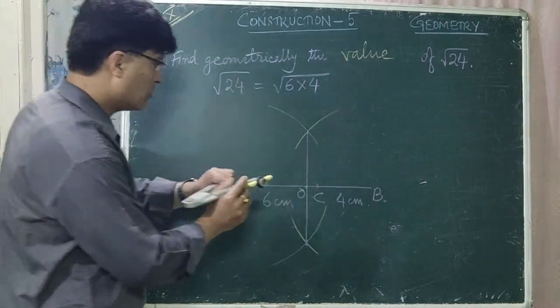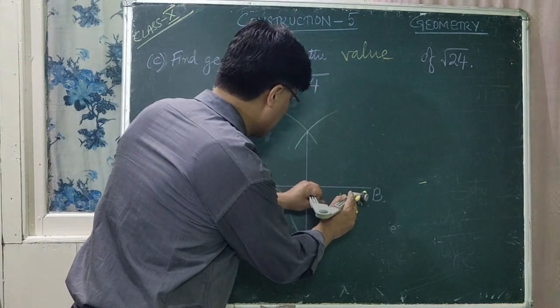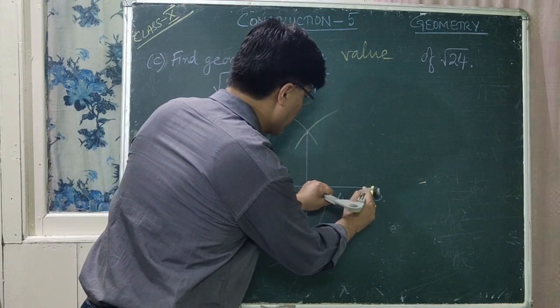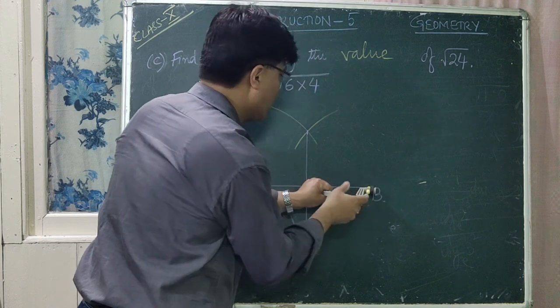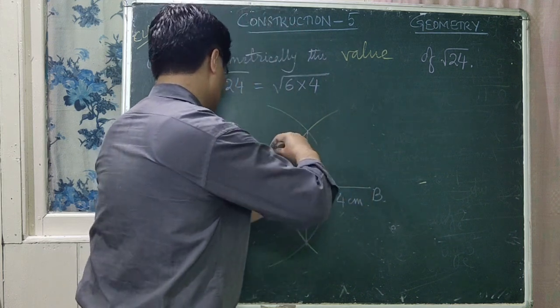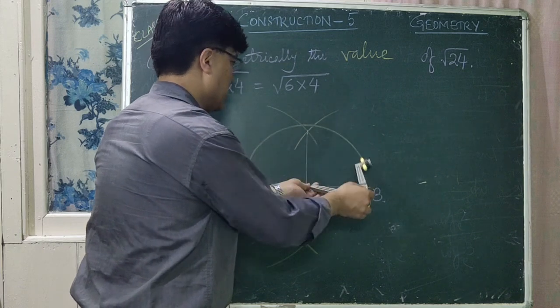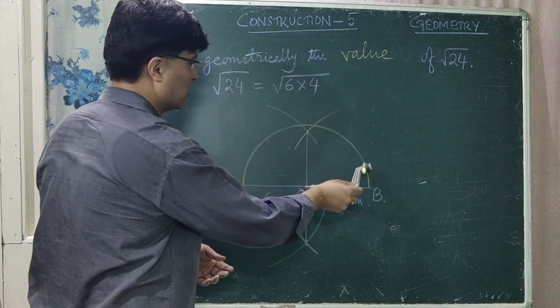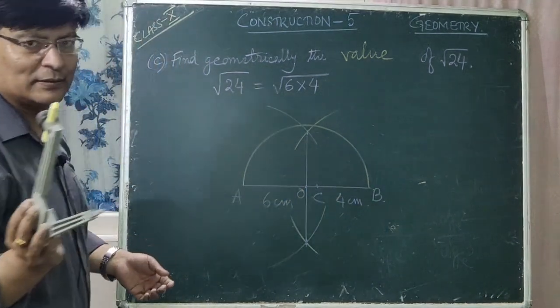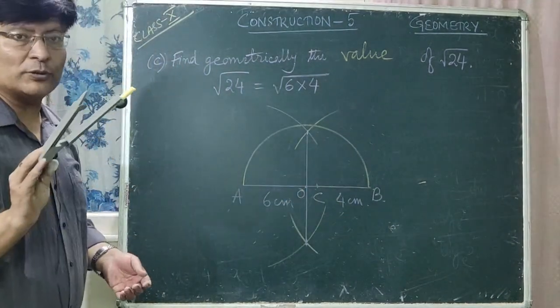Okay, now taking OB as the radius, draw a semicircle. So we have drawn a semicircle out here. Is that clear?